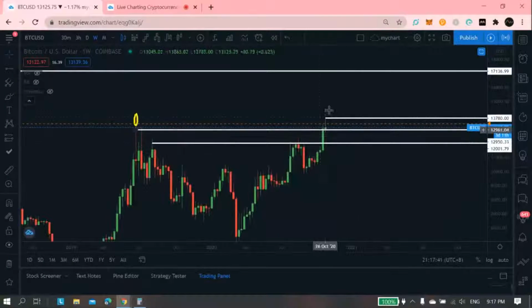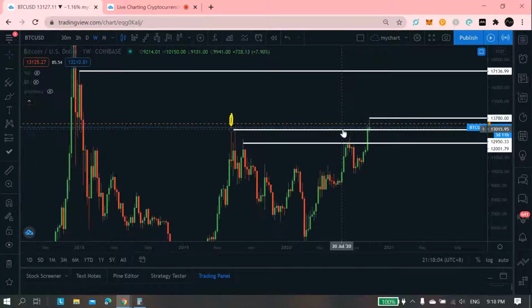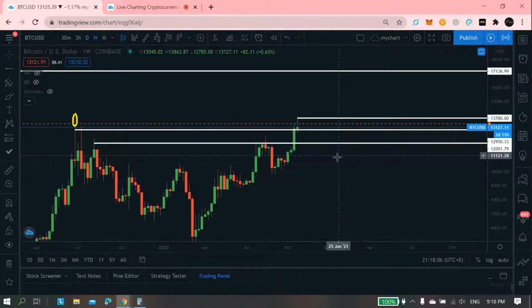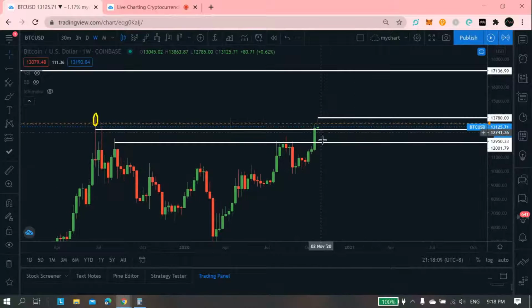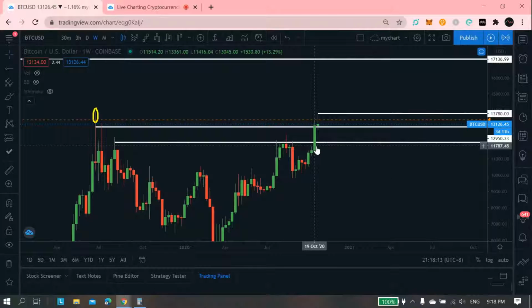It's actually a possible bearish pin if it will close lower than the close of this previous candle of around 13,045. For me, this is a very critical level in your decision making or in your trades. So I hope it will not break this one, the 13,000. I mean the close of this.